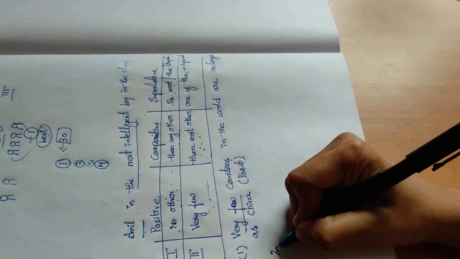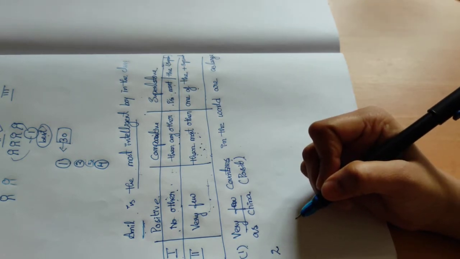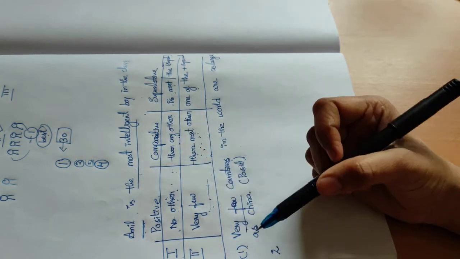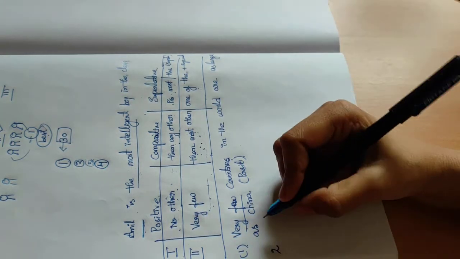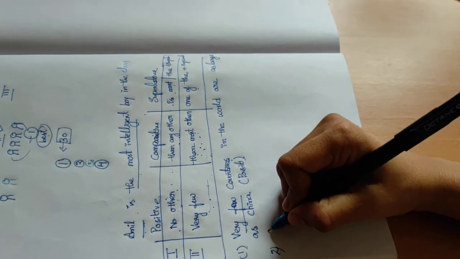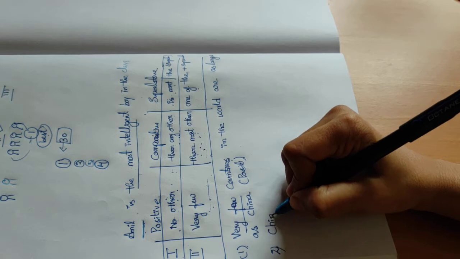Next one, for this what do we have to write? The comparative form, than any other. So we have to start with the noun, that is China, the subject.